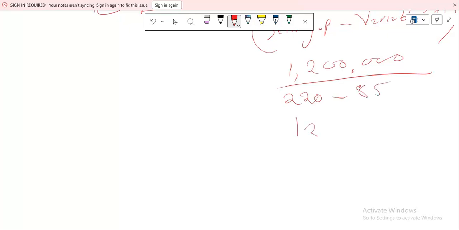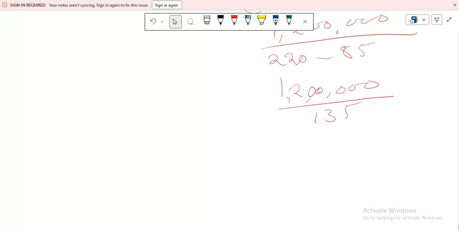So we're going to have 1.2 million divided by 135. Alright, and what do we get from there? 8888.88. We can round that off to 8889 units. So these are units.